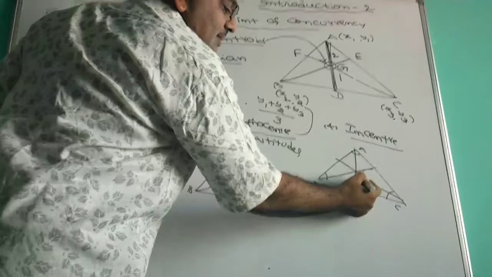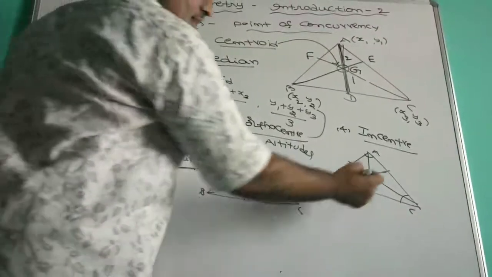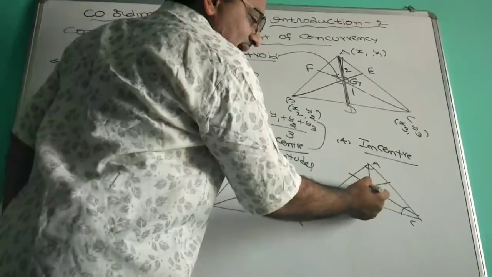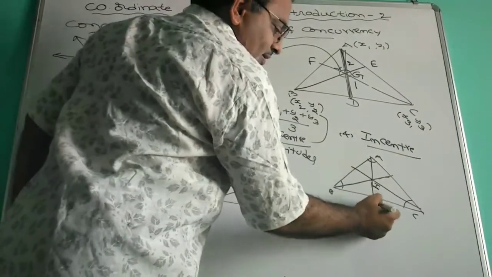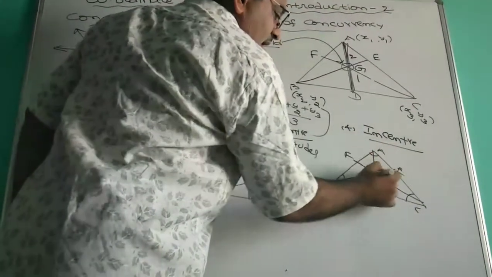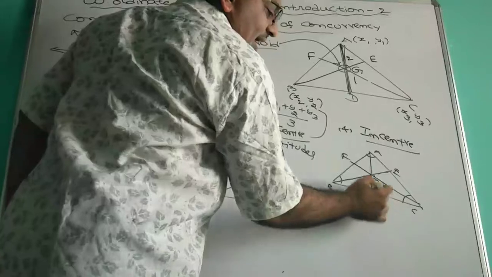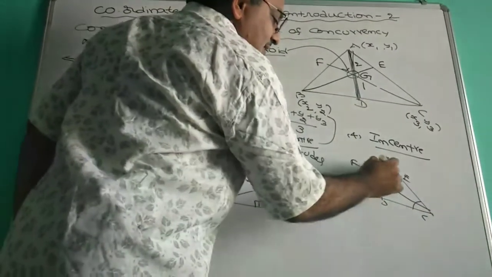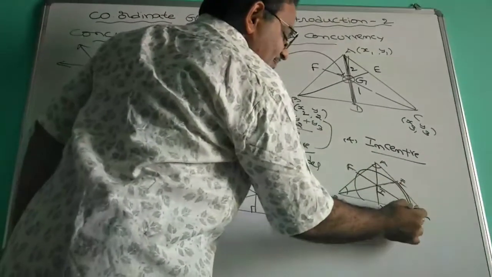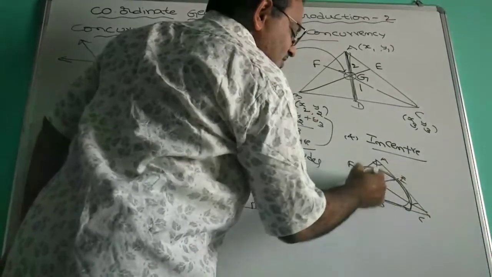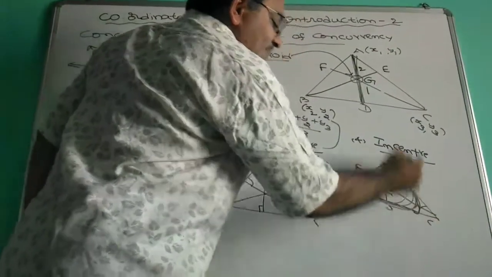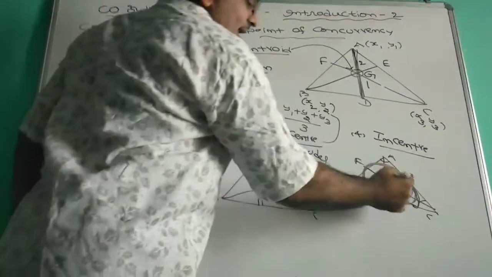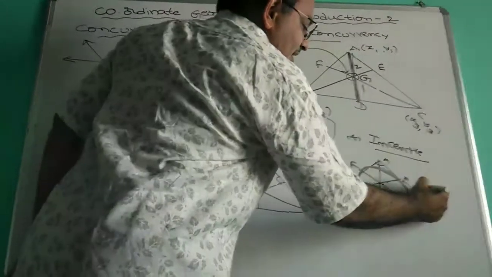It is denoted with the symbol I. Then take I as the center and IE or IF or ID as the radius and draw a circle. The circle touches the sides of the triangle. Then the circle is called the incircle.